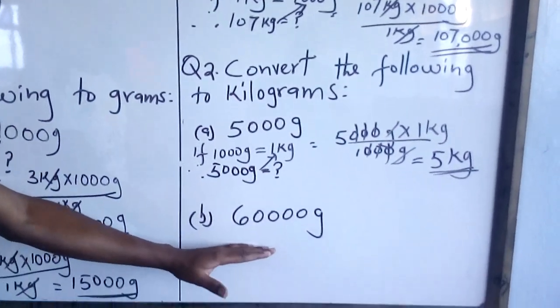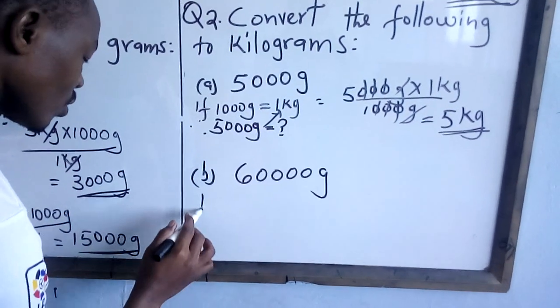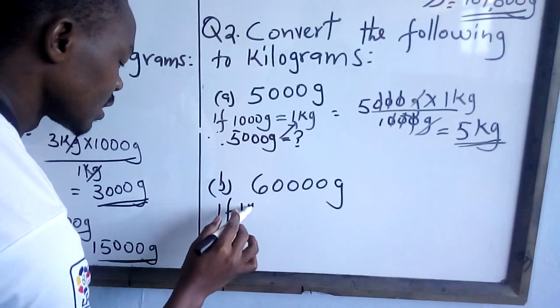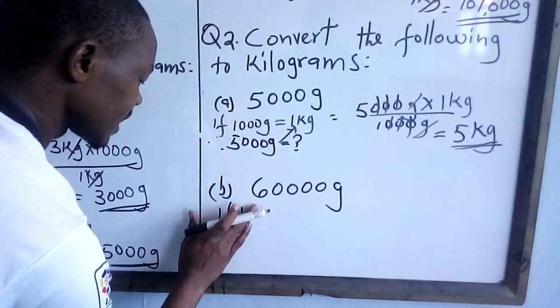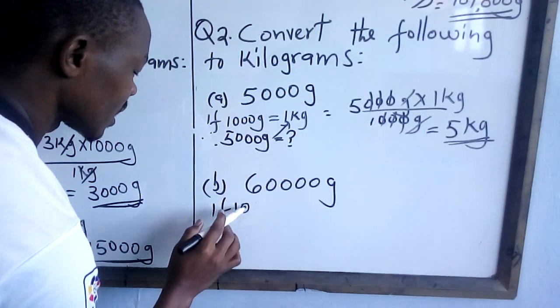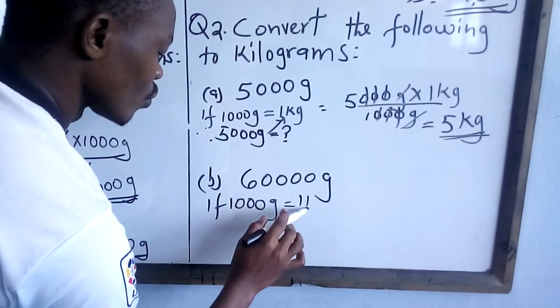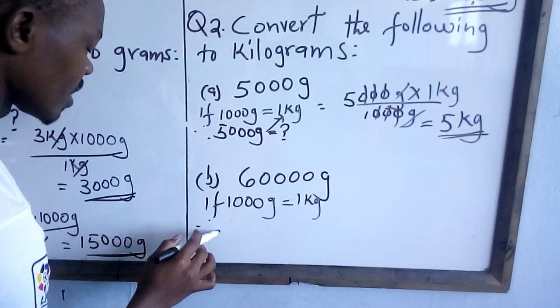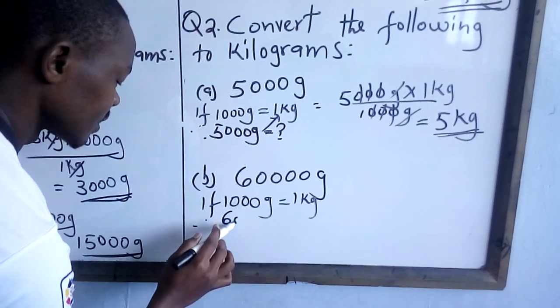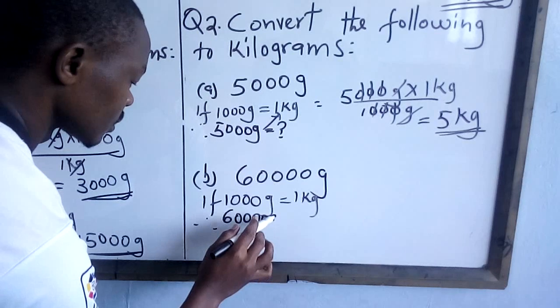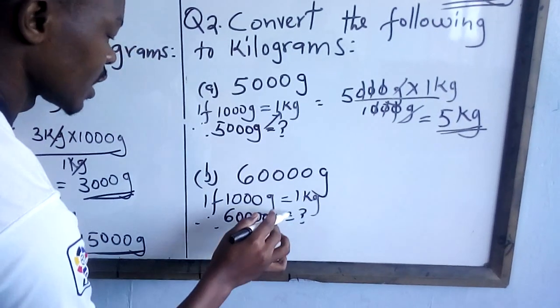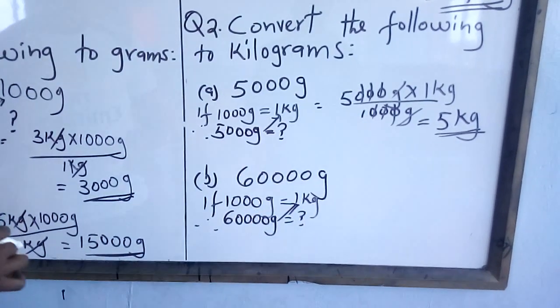Let us look at this other one. We shall say if 1000 grams is equal to 1 kilogram, what about 60,000 grams will be what? Again, you do the same thing.